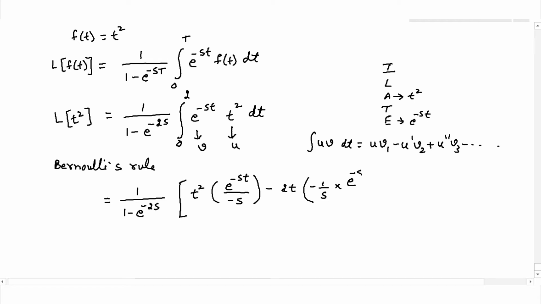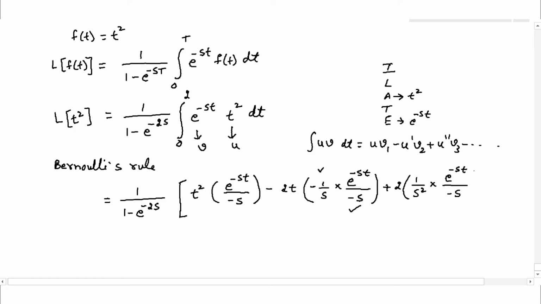Now integrate e power of minus st, so it will be e power of minus st divided by the coefficient of t, which is minus s. Plus u double dash, that means you have to differentiate this 2t: differentiation of 2t will be 2, into constants. I'll try to eliminate: this is a minus value over here and a minus over here, so minus of minus will become plus, you have 1 by s into s will become s square, into integration of e power of minus st, which is e power of minus st divided by minus s.